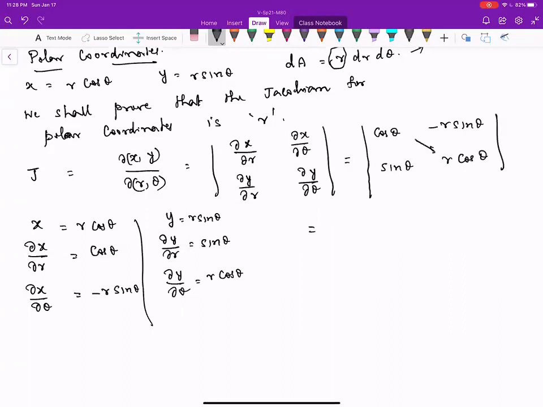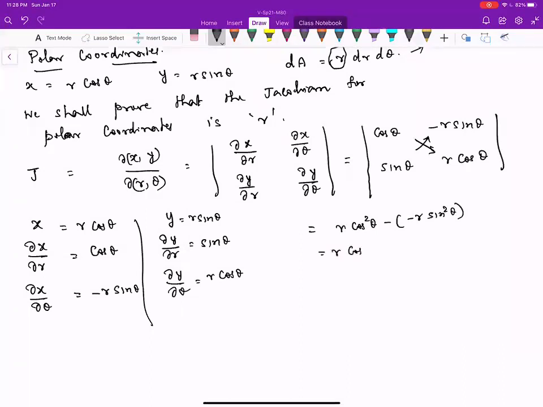If you multiply across and subtract, it is r cosine square theta minus minus r sine square theta.